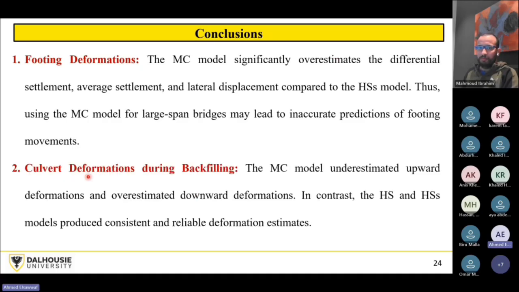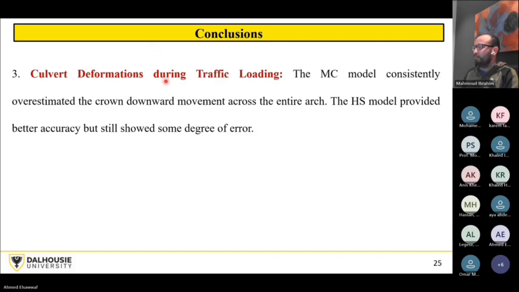For the deformations along the arch during backfilling, the Mohr-Coulomb model underestimates the upward deformation and overestimates the downward deformation. During the traffic loading, under the truck loads, the Mohr-Coulomb model overestimates the crown downward movement.